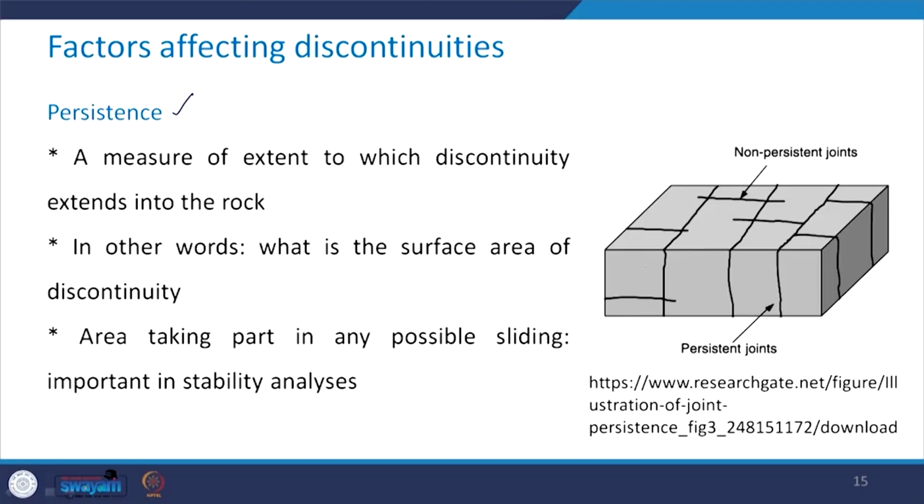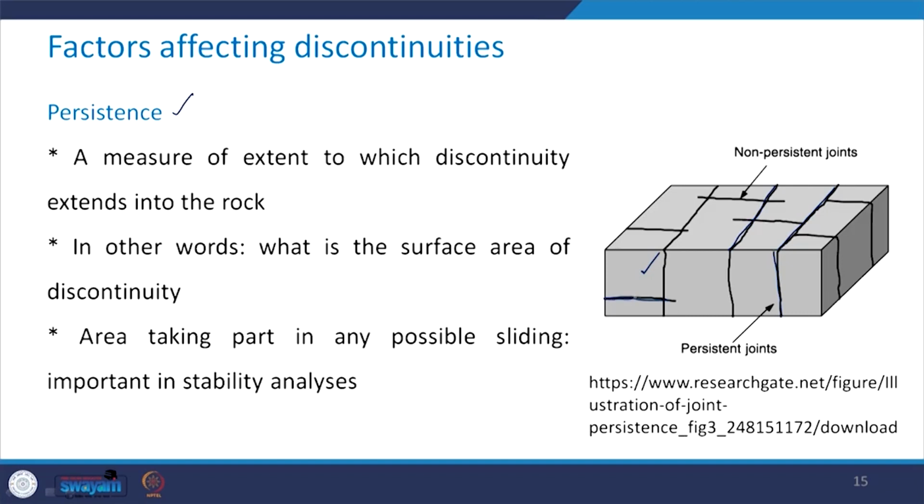Take a look at this figure. Let us say this is the exposed surface. Fine. So, you have the joints. One joint is like this, and then the rest of the joints are kind of vertical as shown in this figure. Now, let us say that we get to know that this joint is extending into the rock mass like this.